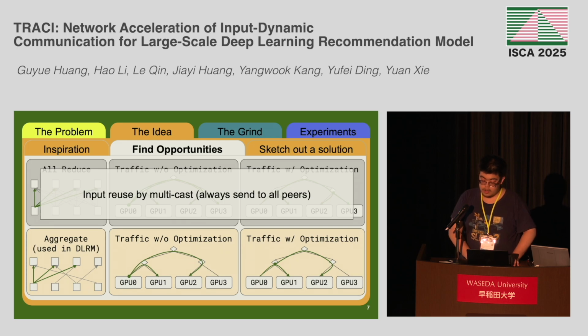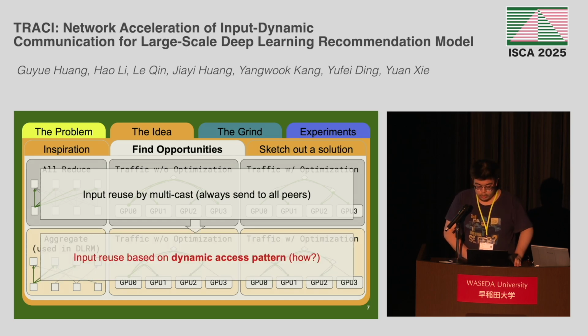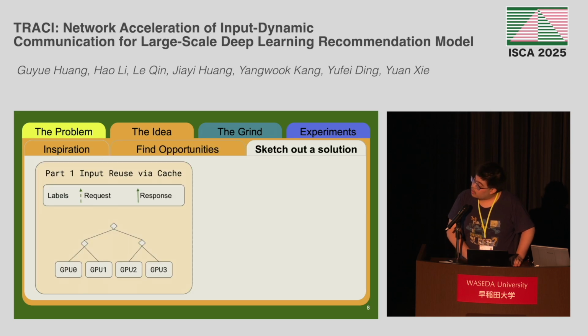So we found that there is input reuse by the multicast in the reduce, and in this pattern we always send it to all peers. We want to exploit the input reuse based on this dynamic access pattern, and we'll show how to do it now. In the same example, GPU 1 sends a request to GPU 0, and GPU 0 sends a response to GPU 1.